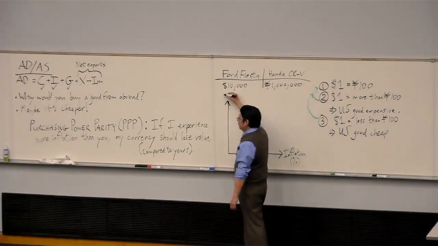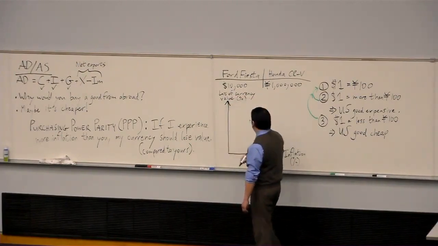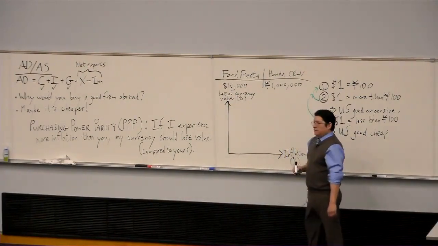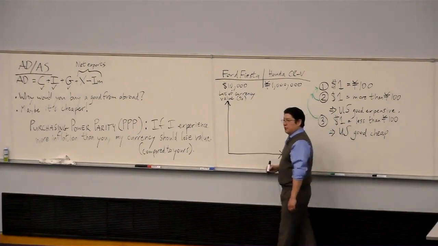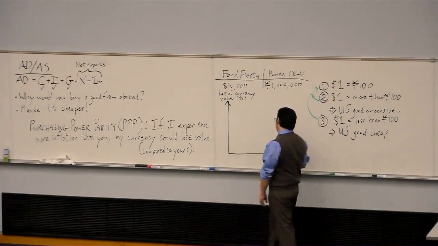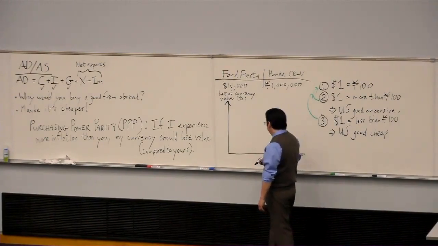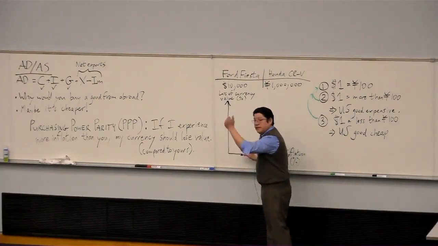And on this axis, we wrote loss of currency value in the same units, let's say percent. And let's say we take a particular place over a particular period of time. Let's say Peru in 1988.